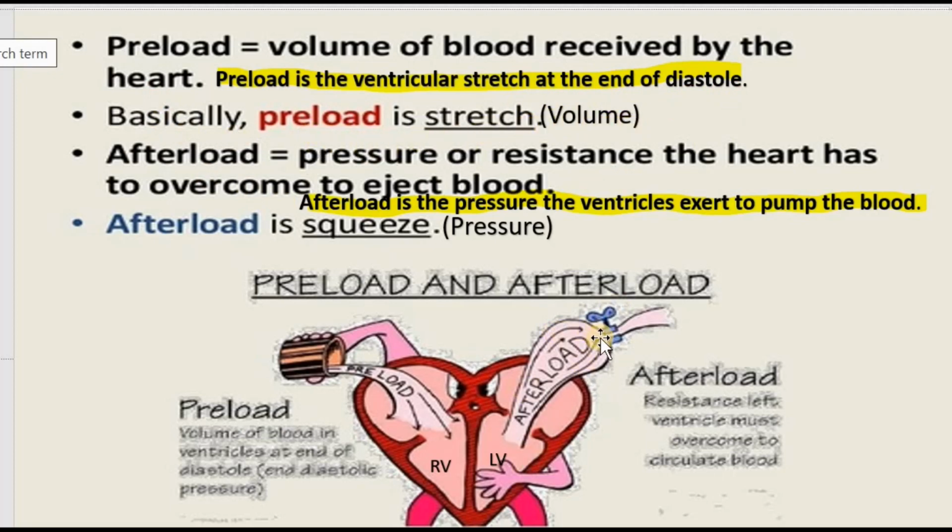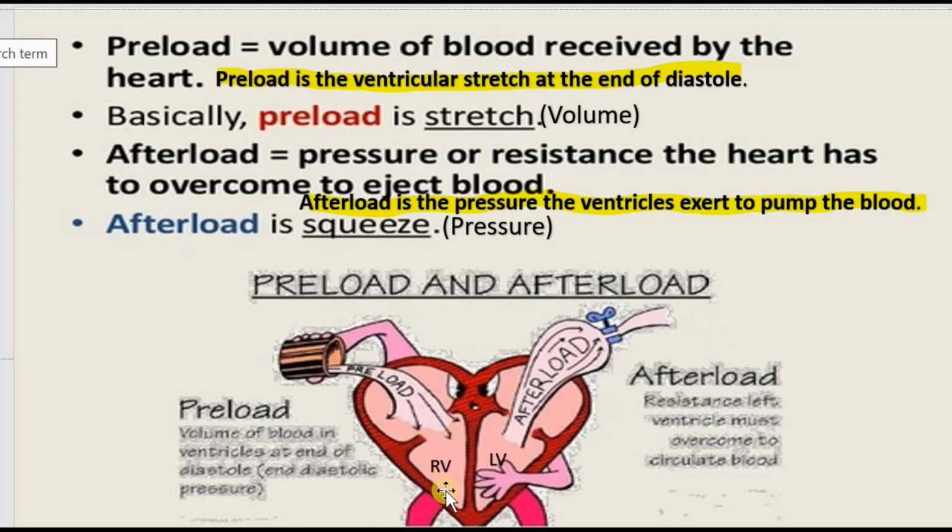Now what is afterload? The heart receives blood into the right ventricle, and the right ventricle pumps blood into the pulmonary circulation. The blood gets oxygenated and comes back to the left side of the heart, into the left ventricle, and the left ventricle pumps blood into the systemic circulation.